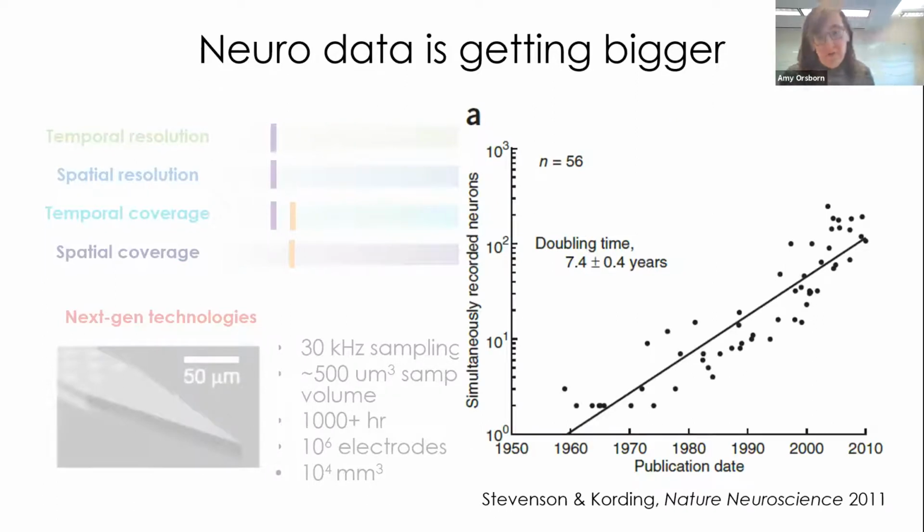In fact, there's a really nice analysis that showed that the number of simultaneously recorded neurons has a kind of equivalent of Moore's law. Looking back from 1960, it has doubled roughly every 7 years. I haven't seen this plot go further out, but I suspect the rate is increasing even a little bit more.